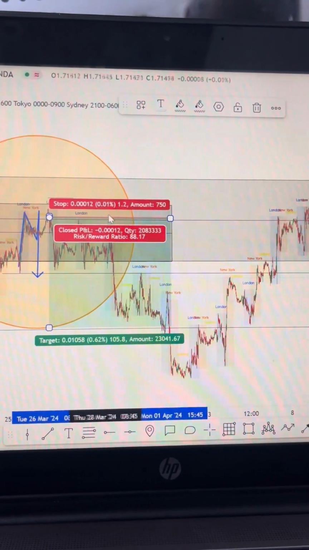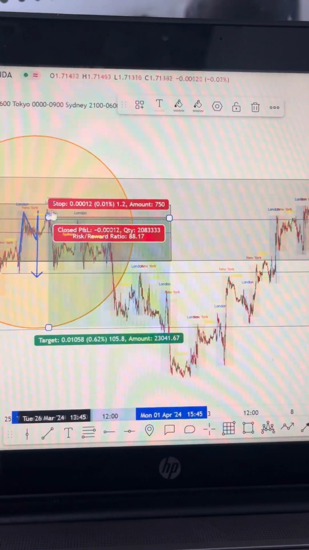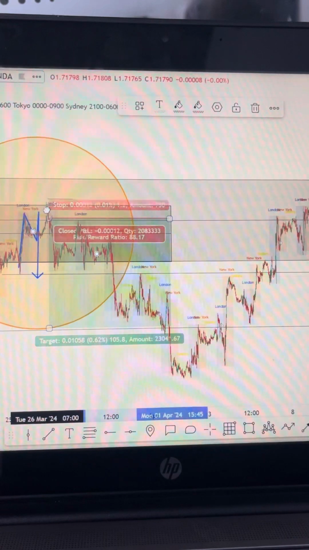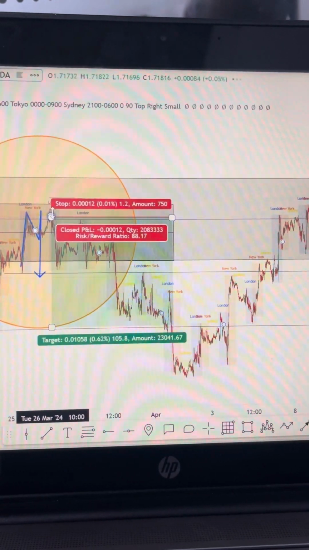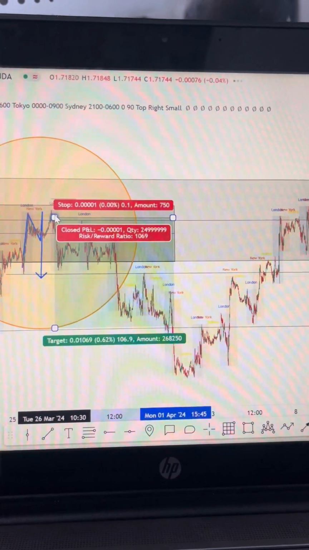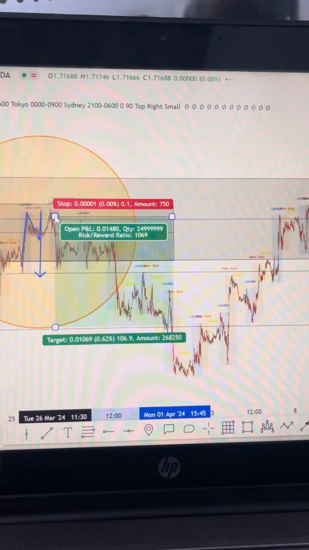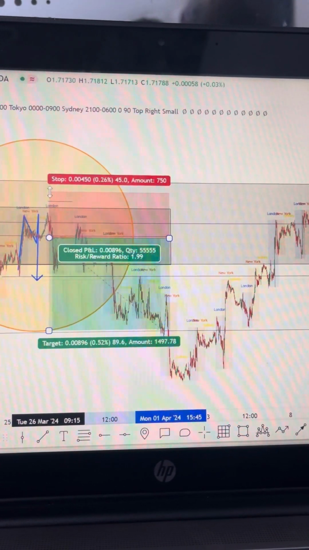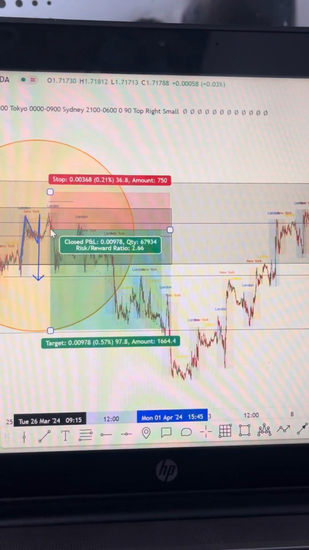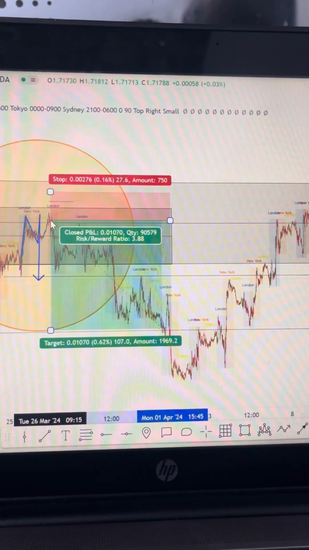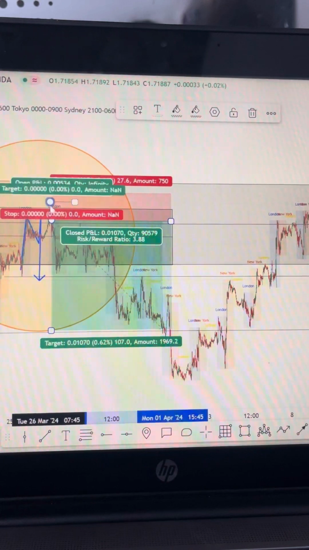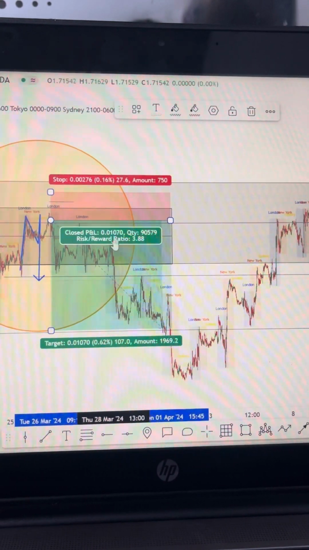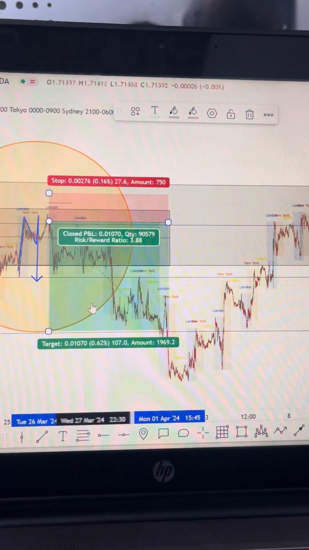Yeah. So if you're trading with $1 per pip, risking 25 pips, means you're risking $25 to make $105.